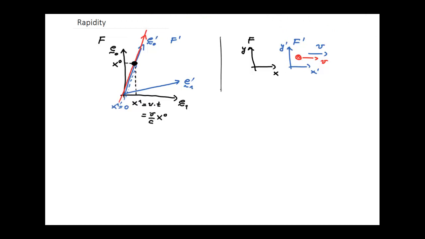How are the primed coordinates and the unprimed coordinates related to each other? They're related by a Lorentz transformation. In particular, we know that x1 primed is minus hyperbolic sine of rapidity times x naught plus hyperbolic cosine of rapidity times x1.